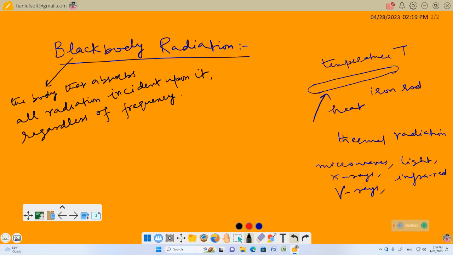So, this is the definition of the black body. That means if you shine radiation of various frequencies on a black body, it will absorb all of them. It will not discriminate between different frequencies when it comes to absorption. Now, why we introduce this ideal black body in the discussion of thermal radiation is that we can now disregard the precise nature of whatever is radiating because all black bodies behave identically.